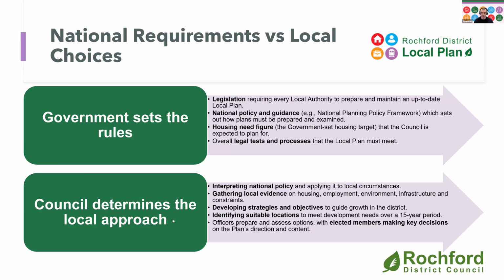So we're very much looking at the long-term horizon, and officers are required to prepare and assess options, and it is ultimately for elected members to make the key decisions at each stage of the plan, as mentioned earlier, up to the final stage, which is adoption.